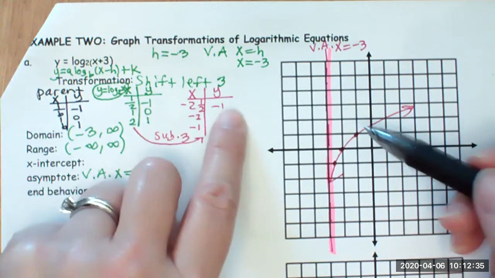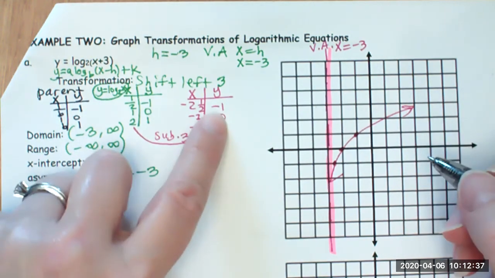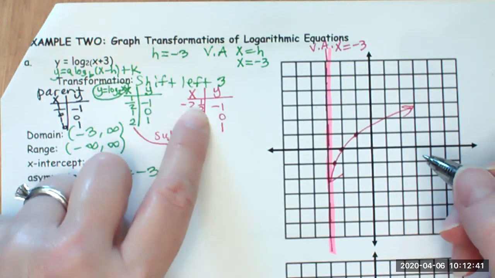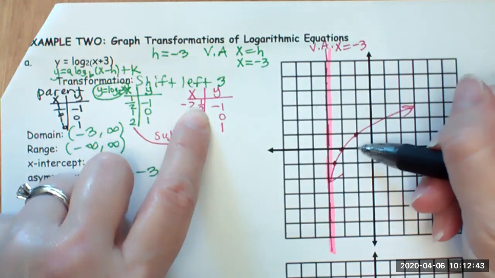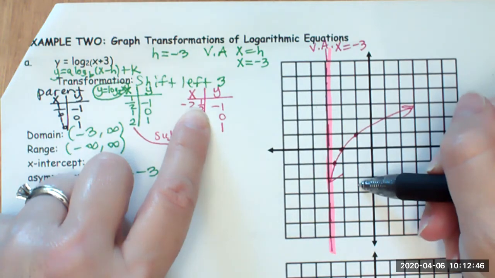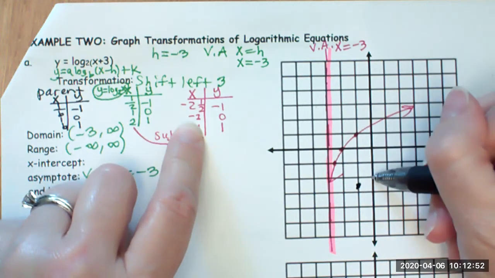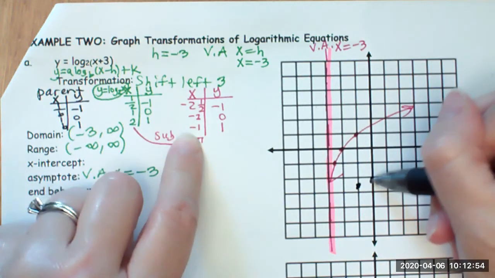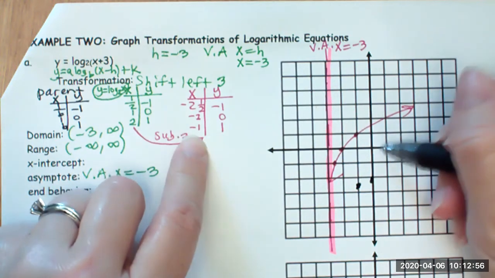So if we want to graph the inverse, we can graph at negative 1, negative 2.5; 0, negative 2; and 1, negative 1.